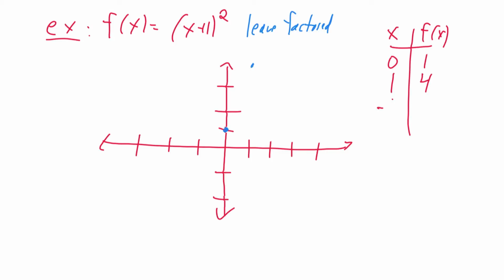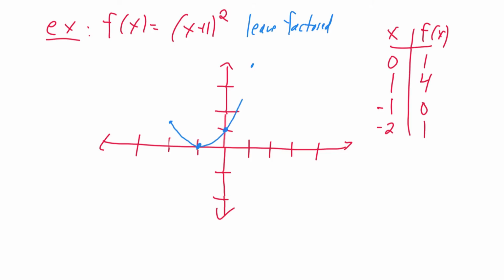And if I plug in minus 1, I get 0. And let's just do one more. Minus 2, I get 1. So I can see the shape of a parabola if I'm able to recognize that it should look like a smoothed V. So the plot is something like this.